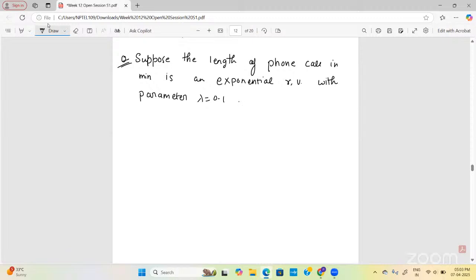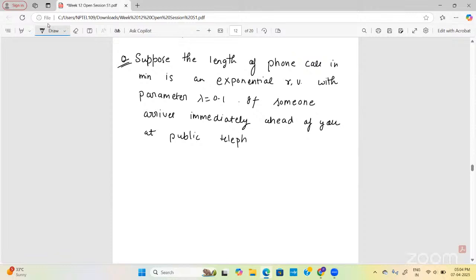Okay, if someone arrives immediately ahead of you at a public telephone booth, then you have to find the probabilities.